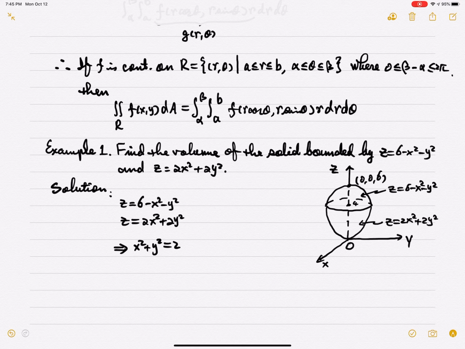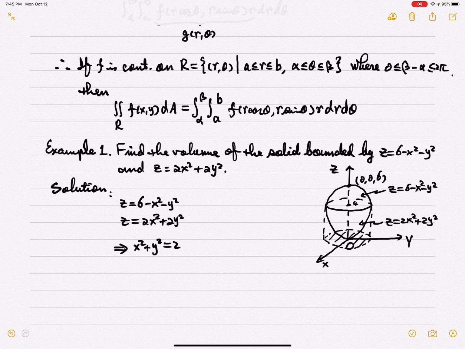Here's the origin. Now if you look at this intersection and project it down to the xy plane, you're going to have a planar circle, and this is a planar region.